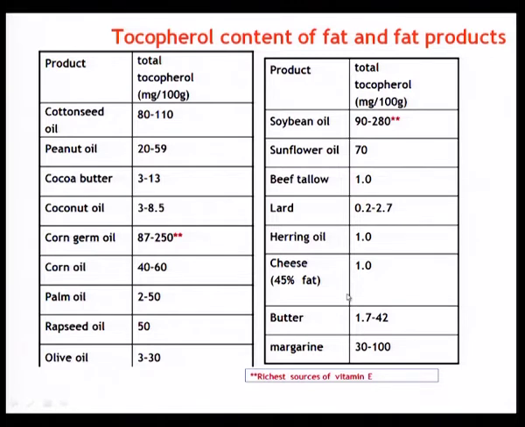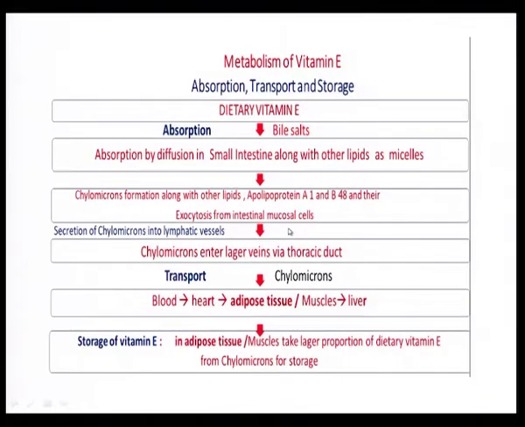Now if we go into the transportation of vitamin E, we saw in the last session that you require an emulsified version and bile as an important component in the absorption of fat soluble vitamins, and this applies to vitamin E as well.